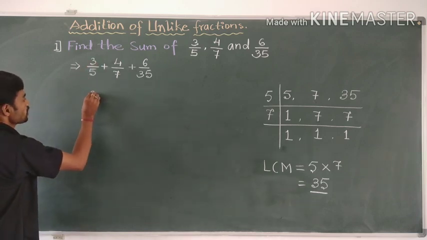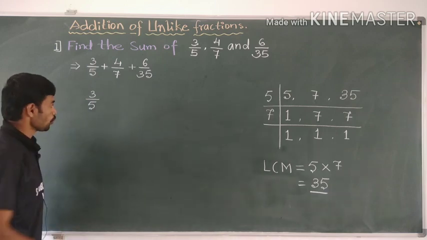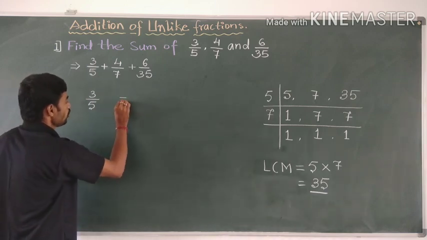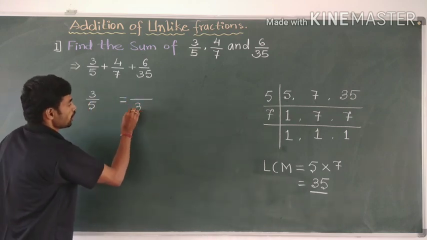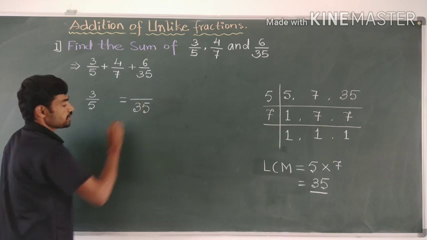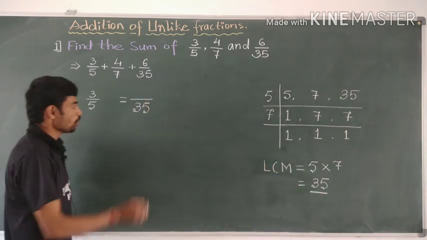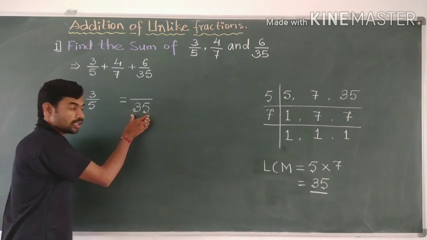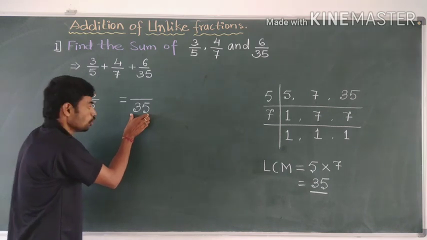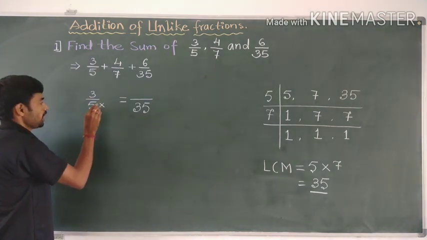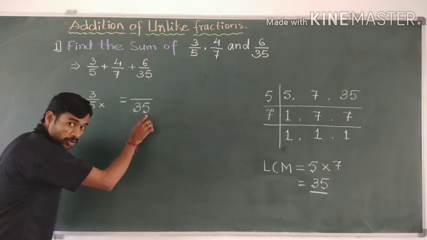The first fraction is 3 by 5. Here we have to make the denominator 35, because the LCM is 35. For this denominator, what do we multiply to get 35?